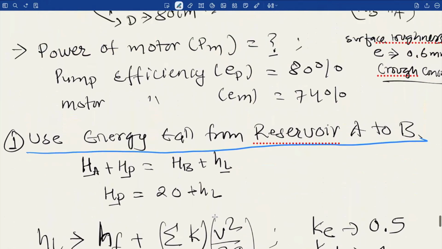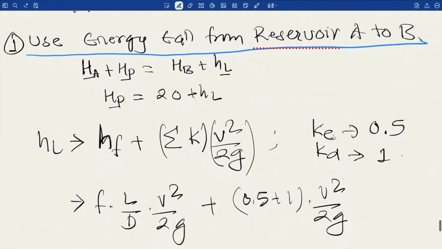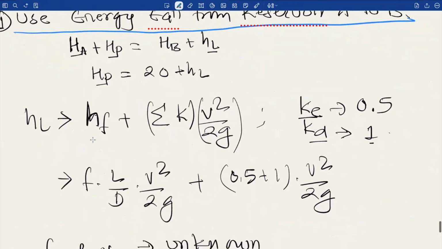For minor head loss, we need to consider when water enters and when water exits. The value of K for entrance will be equal to 0.5 and for exit 1. And for HF, this is from the Darcy-Weisbach equation, where f is the friction factor that we need to compute. L is given, D is also given, V we need to define, and we know g as well.